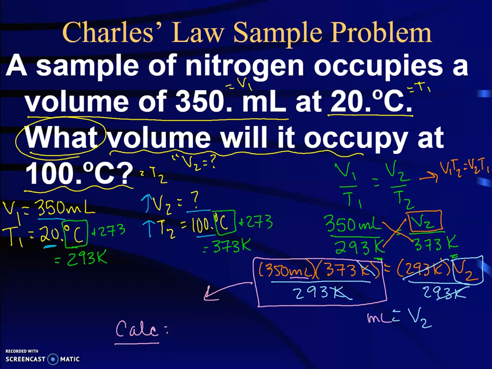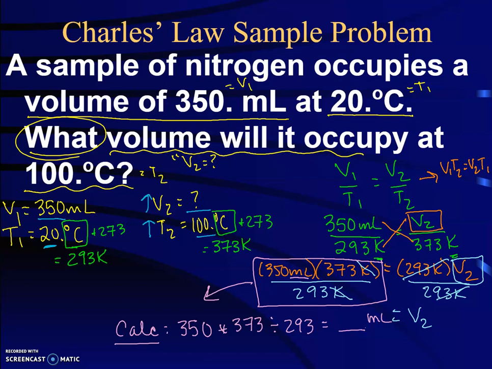So in our calculator, we are going to put in everything that we see in the same order. If it's in the numerator, you multiply them. If it's in the denominator, you divide them. So in your calculator, you would put 350 times 373 divided by 293, hitting equals.